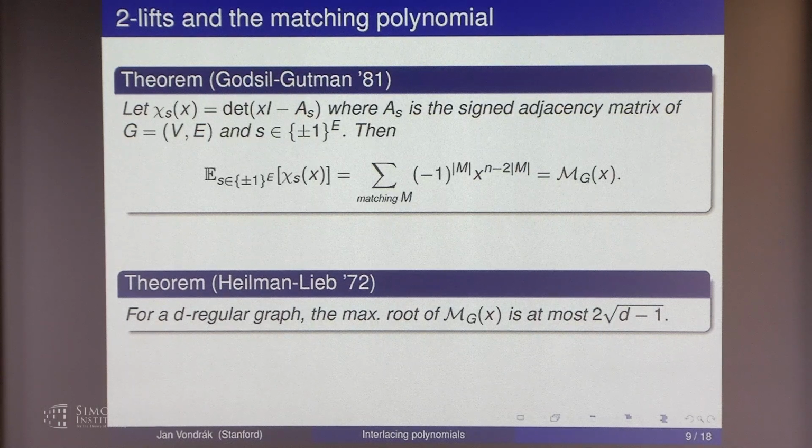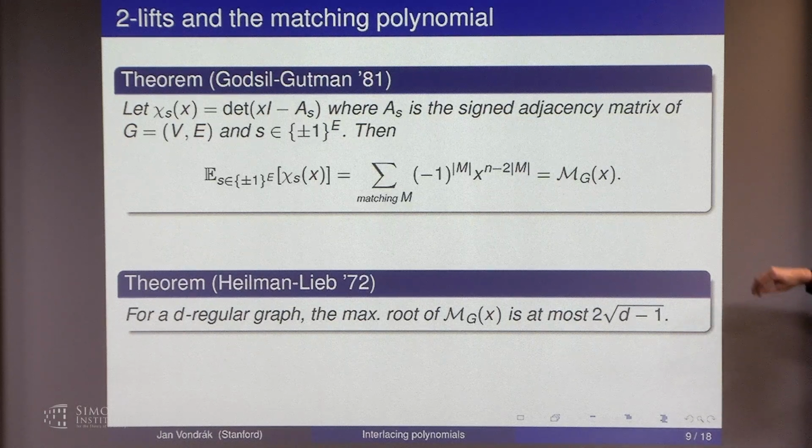And we also have a theorem of Heilmann and Lieb, which talks about the roots of the matching polynomial. It tells us that for a d-regular graph, the maximum root of this matching polynomial is guaranteed to be at most 2 square root d minus 1. So it looks like there's something happening here. This cannot be a coincidence. This is exactly the bound that you would like to obtain.